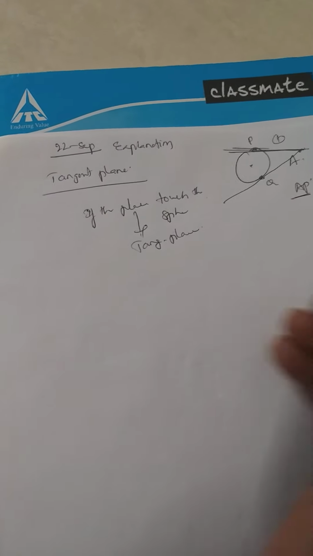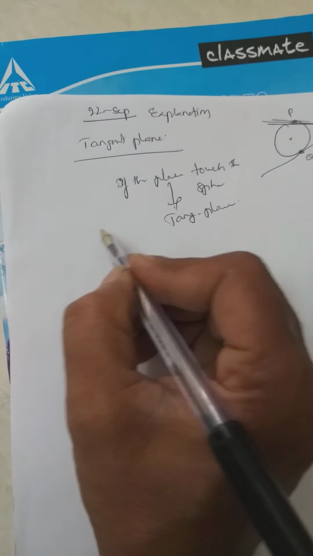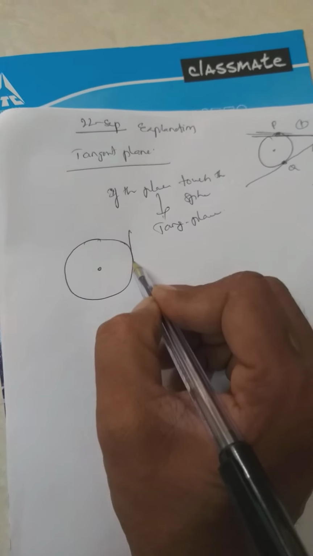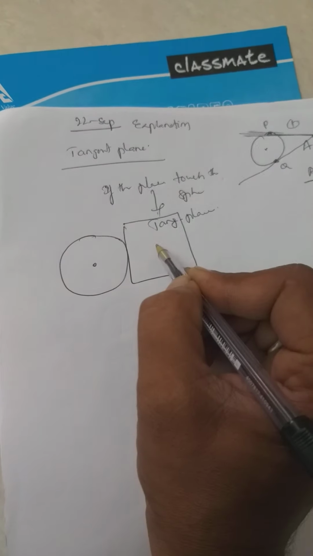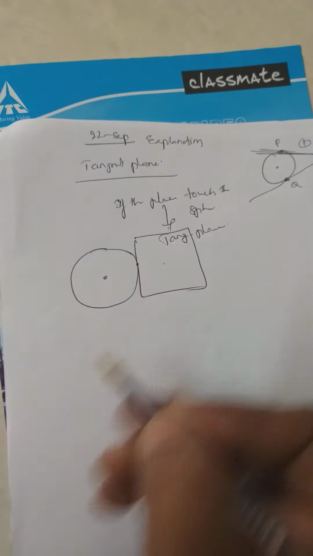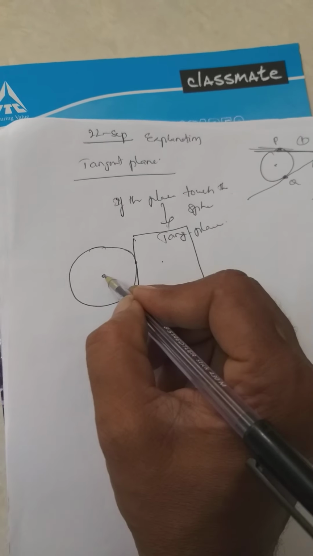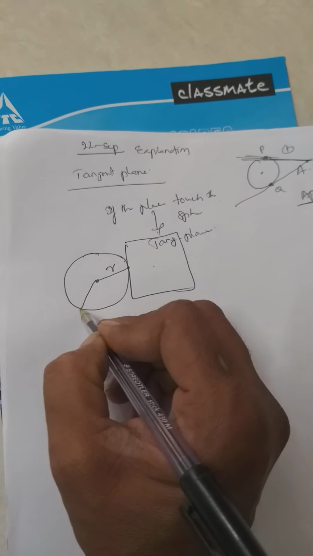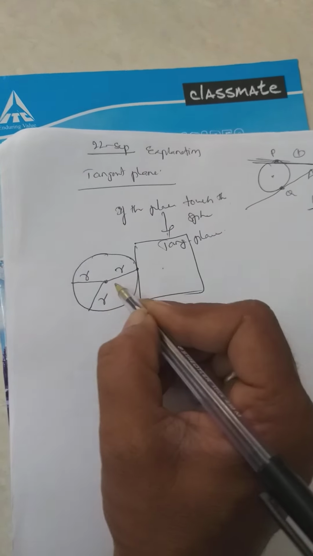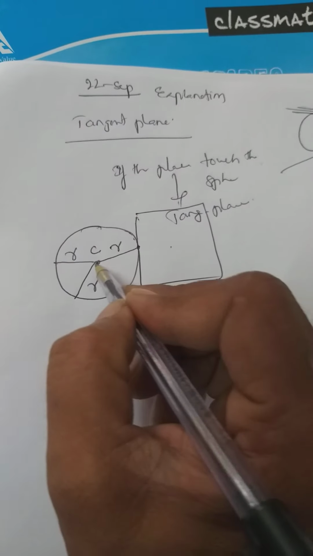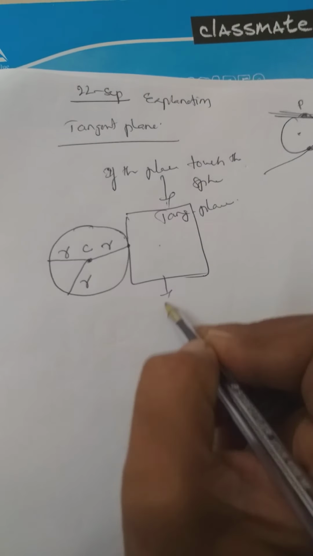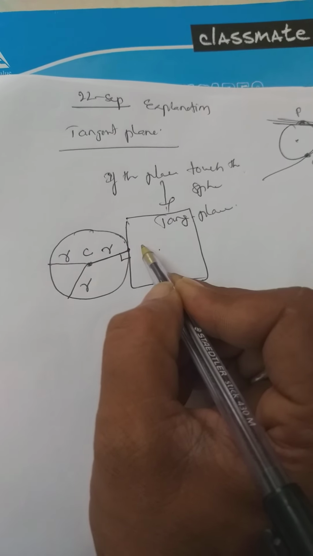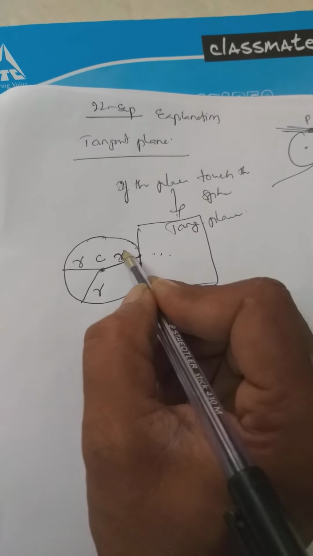Now for our convenience, let's draw it. This is a sphere. I am drawing a plane like this for understanding, right? Suppose it touches at only one point. Now if a plane touches the sphere at a unique point, this is called the radius of the sphere. This is the center of the sphere. If the plane touches the sphere, then the distance between the plane and the center is equal to what?